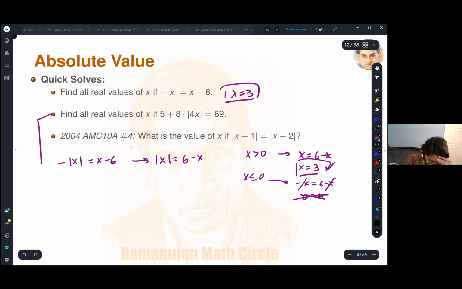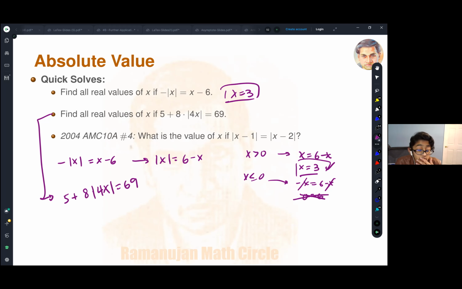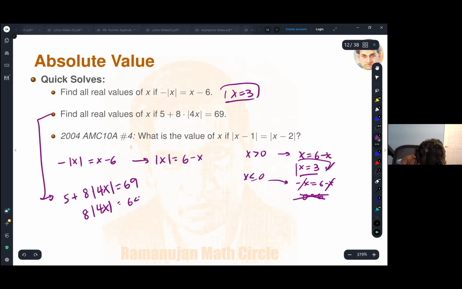So now let's do the second one, which has to do with how to operate with these functions. And we're going to use some of the rules that we did before. So obviously we're going to manipulate this equation first by subtracting on both sides. So then we get that 8 times absolute value of 4x is equal to 64. And you divide on both sides by 8, so you get absolute value of 4x is equal to 8.